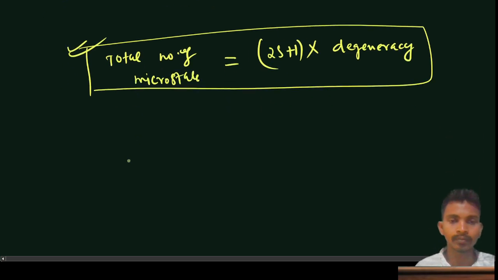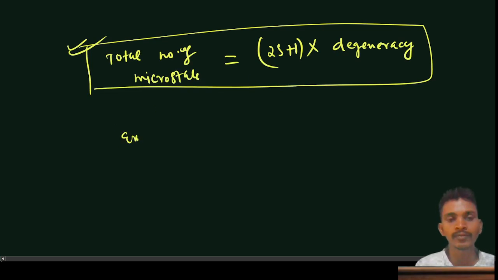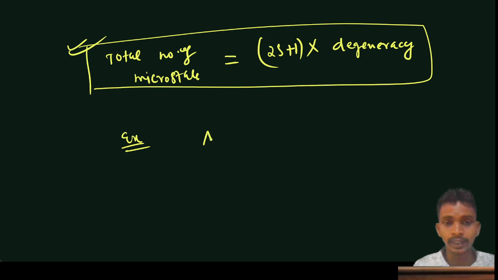So if an example is given to you, what are the Mulliken term symbols that we get? Either A will be there, E will be there, otherwise T will be there. These are the Mulliken notations that we studied in group theory.